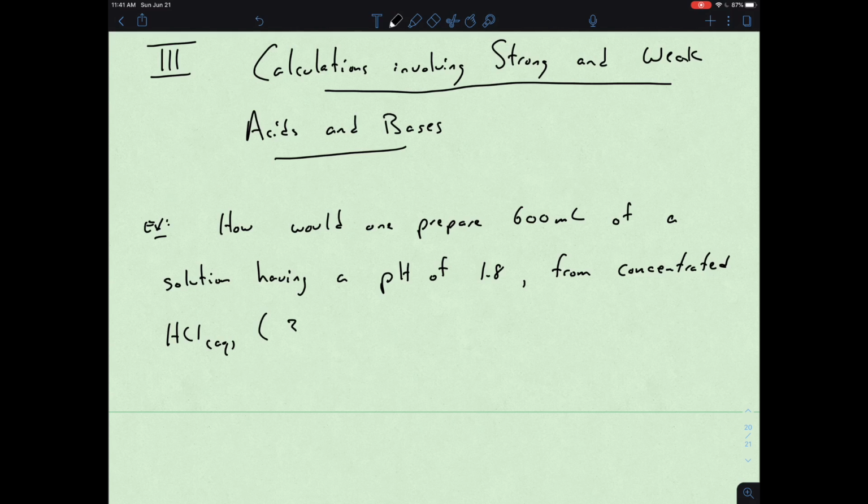Concentrated HCl is 36% by mass. We have a density of the concentrated HCl to be 1.12 grams per milliliter, and the molar mass for HCl is 36.5 grams per mole.